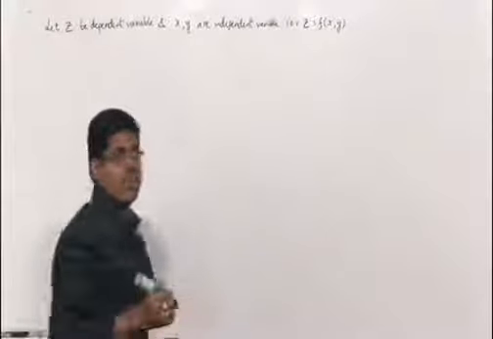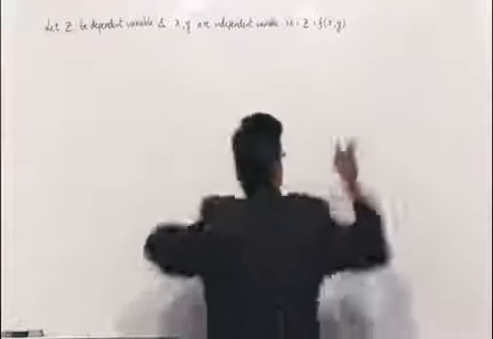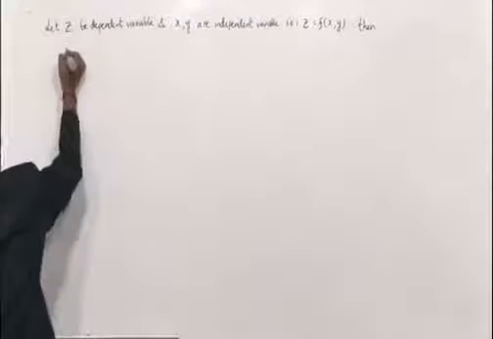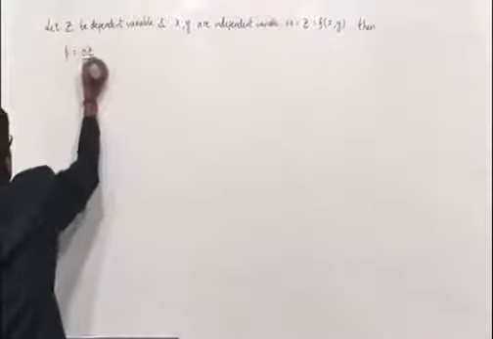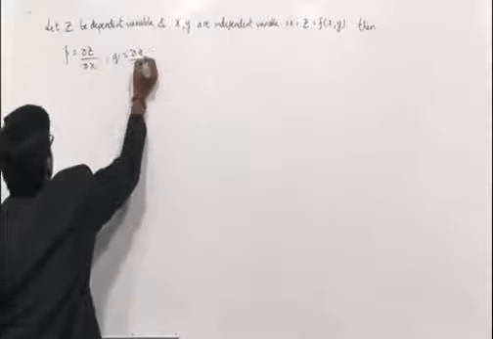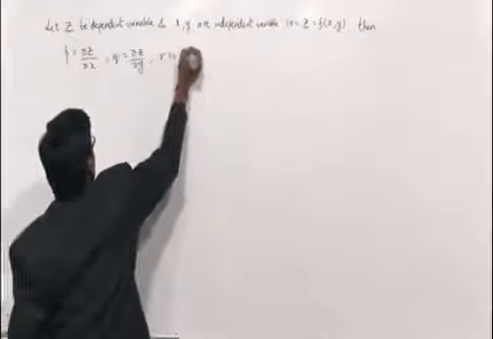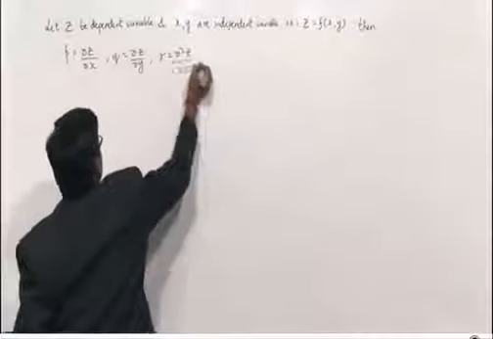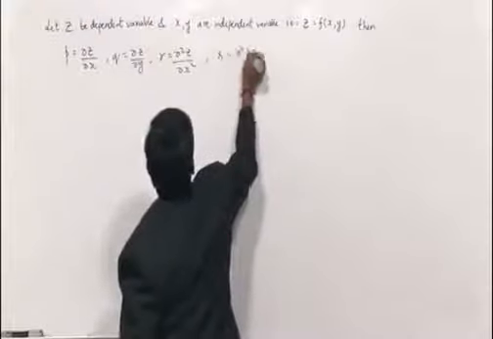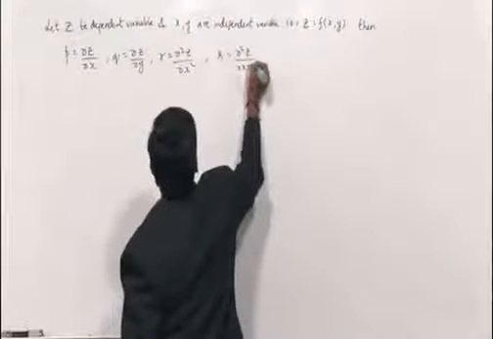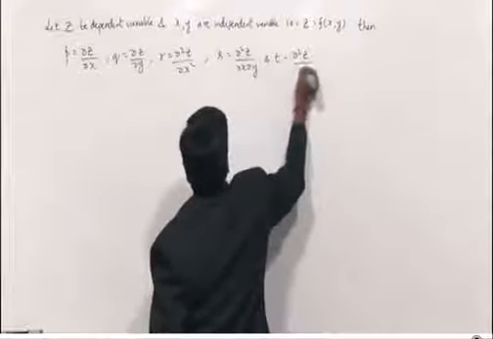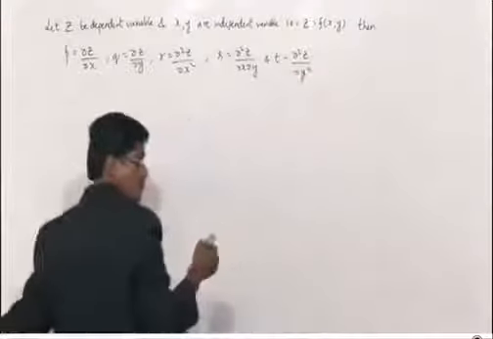Then the following notation is adopted for some problems. Small p denotes del z by del x, small q del z by del y, small r del square z by del x square, small s del square z by del x del y, and small t del square z by del y square. The alphabetical order is easy to remember.